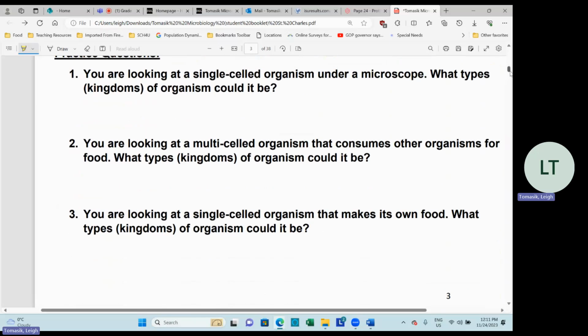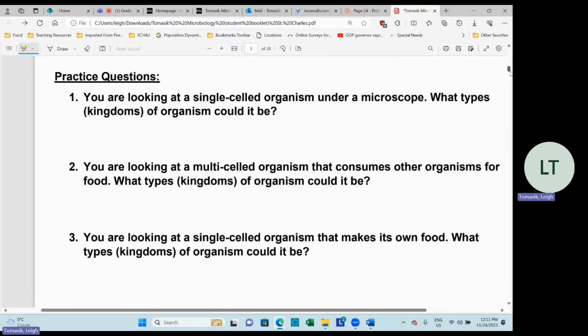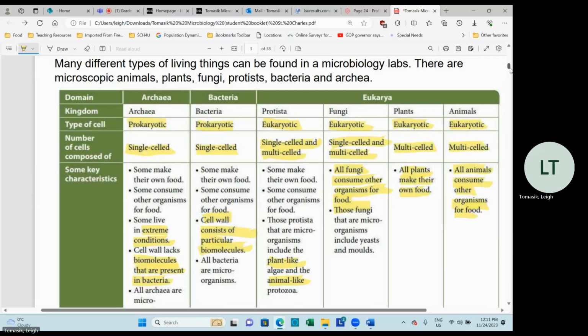So we have some practice questions. You're looking at a single-celled organism under a microscope. What kingdoms of organism could it be? So it could be an archaea, it could be a bacteria, it could be a protist, or it could be a fungi.